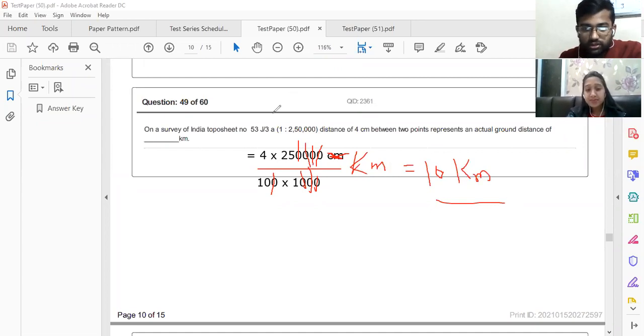This scale is actually the standard scale for Survey of India. Geological Survey of India is different and Survey of India is different. Survey of India's work is only and only to make topo sheets, and it is also called the geodetic scale.